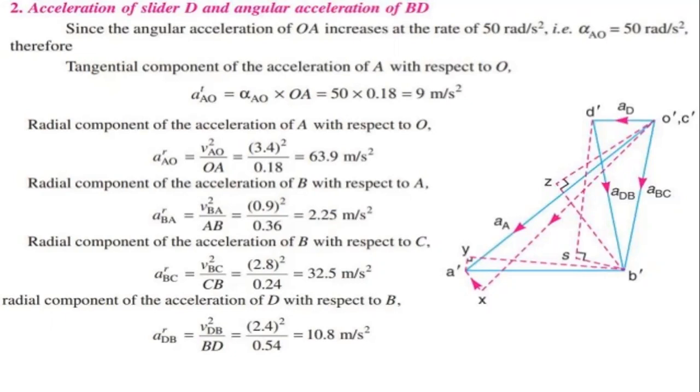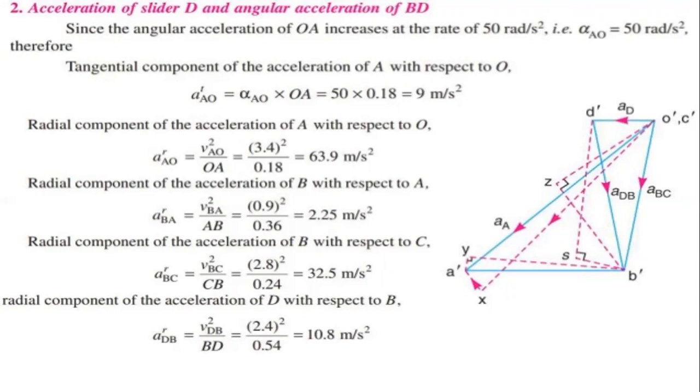Then we are taking the tangential component of the acceleration of A with respect to O, that is t of AO. So that is angular acceleration of AO into OA.